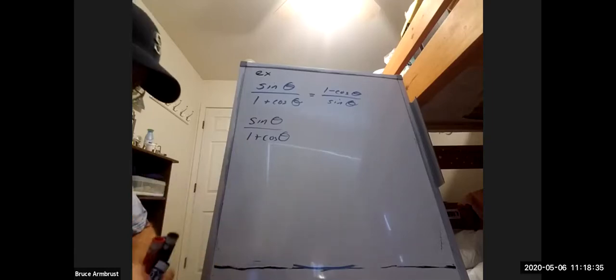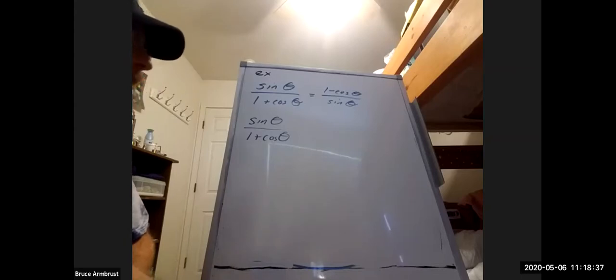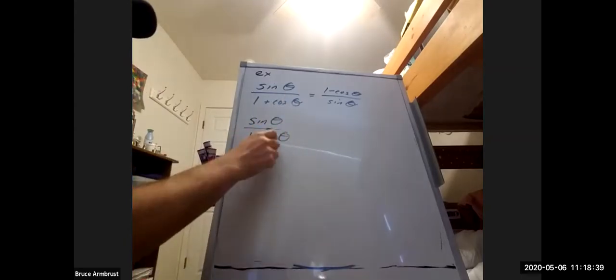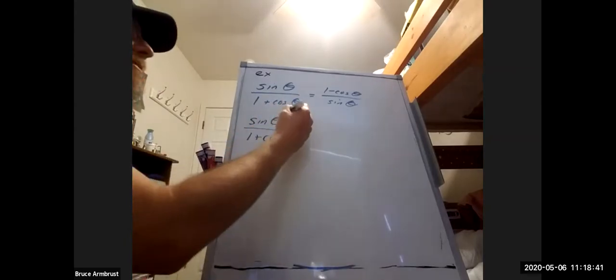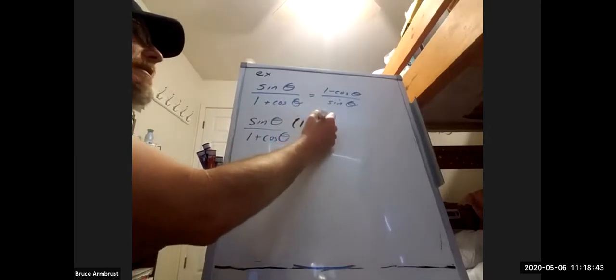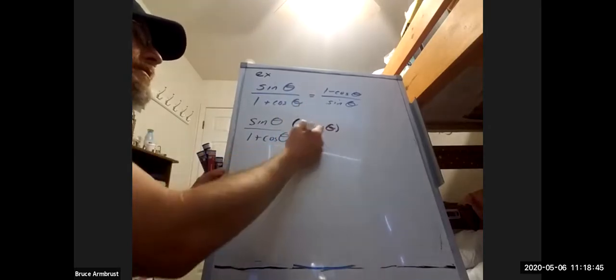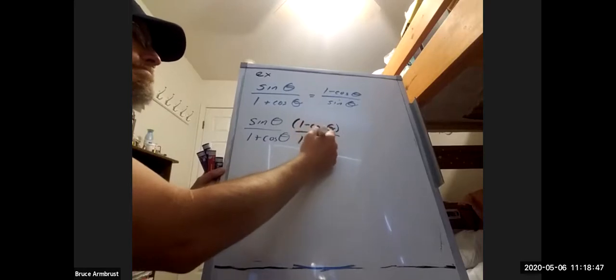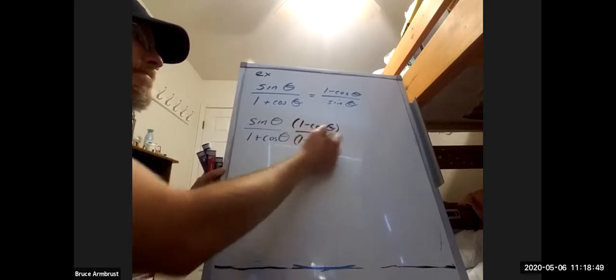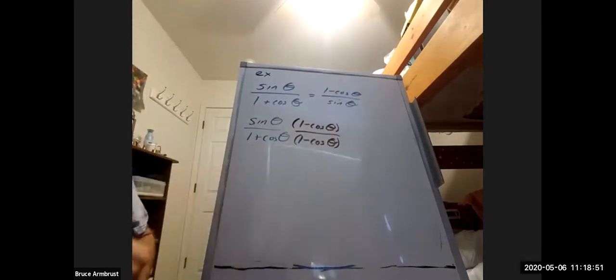So what I'm going to do, I'm going to multiply the top and bottom of this fraction by 1 minus cosine. And it's probably at about this time you go, what? Where the hell did that come from?